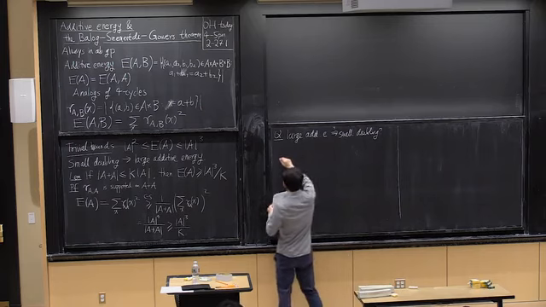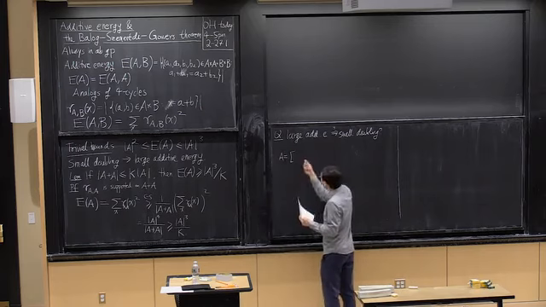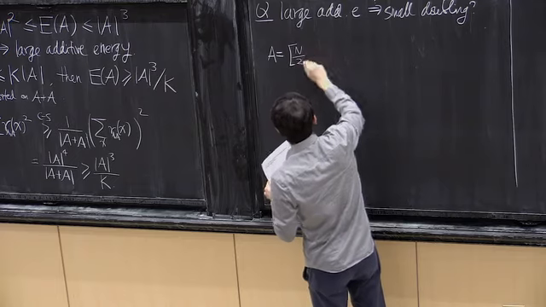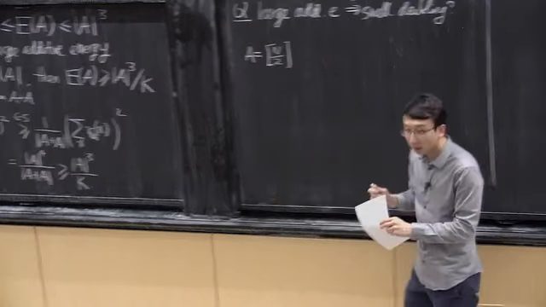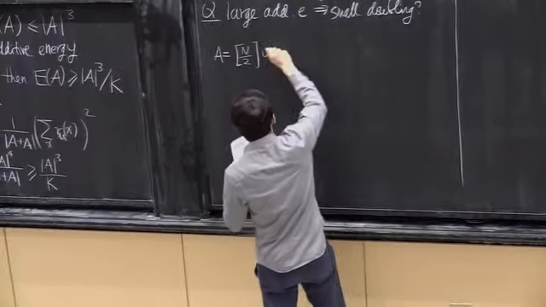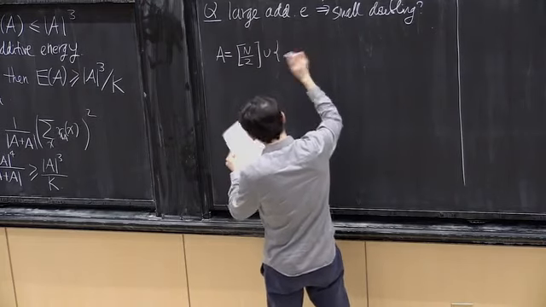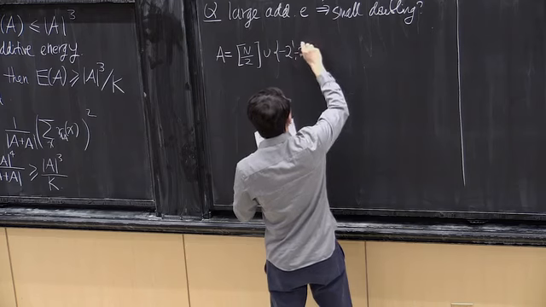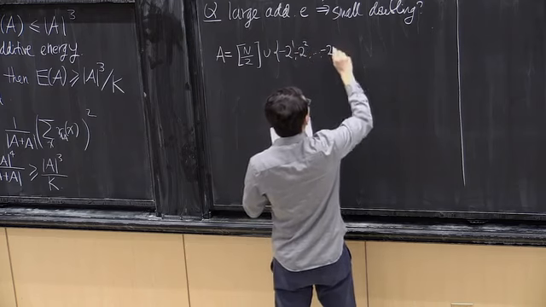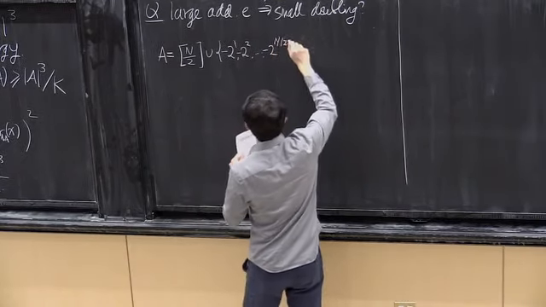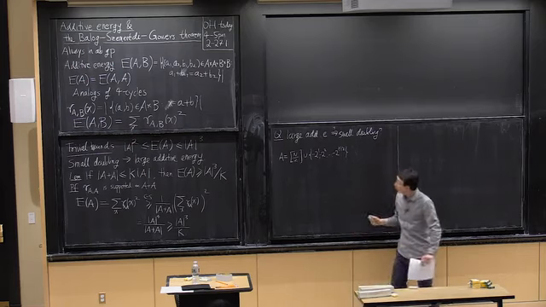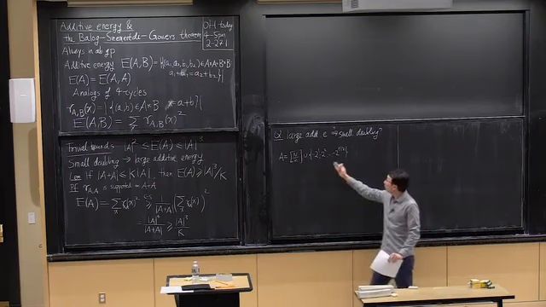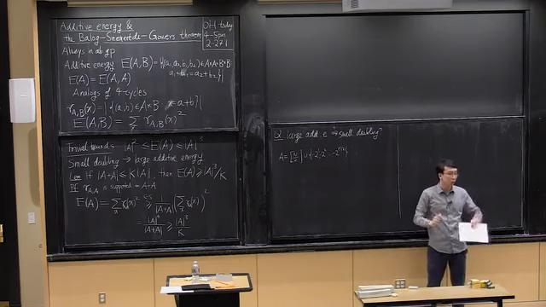Consider the following example, where you take a set A, which is a union of a set with small doubling, plus a bunch of elements without additive structure.